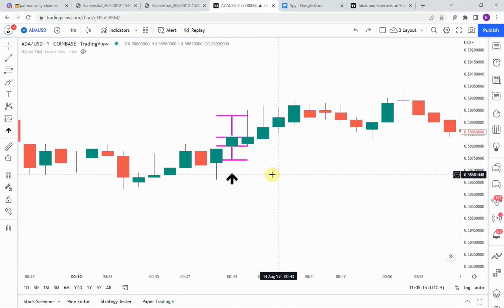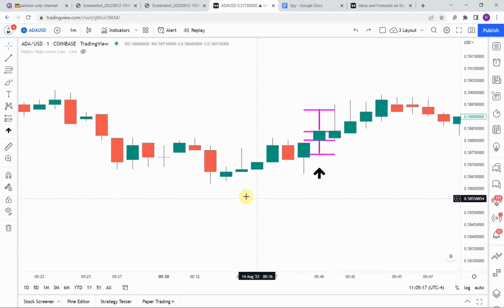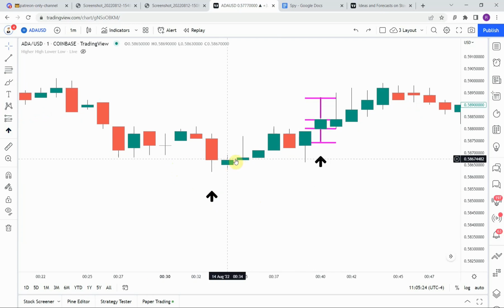And the same thing with the red candles. If we take a look at this red candle right here, we have all the same exact things, except in this case it closed lower than where it opened.